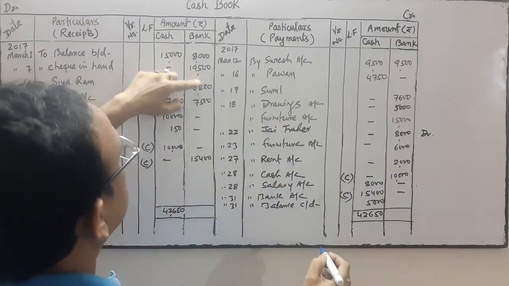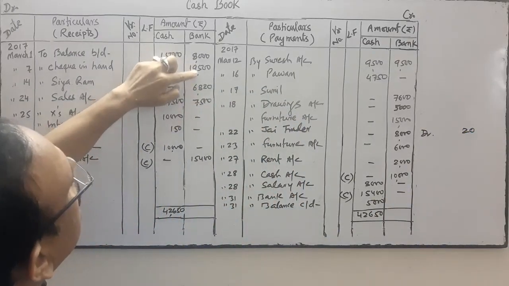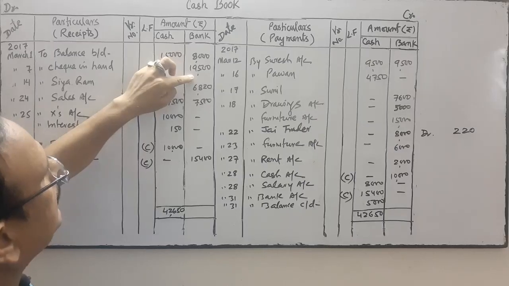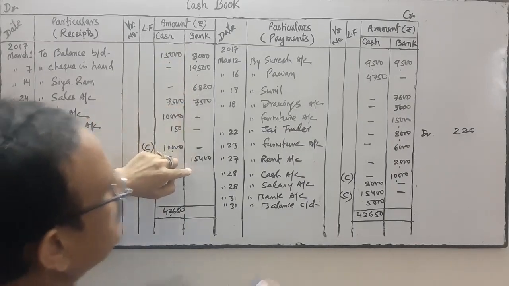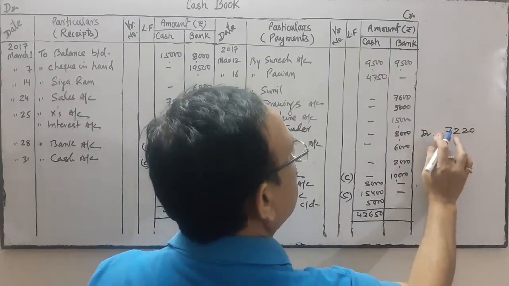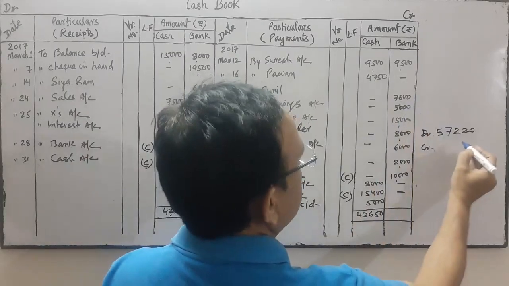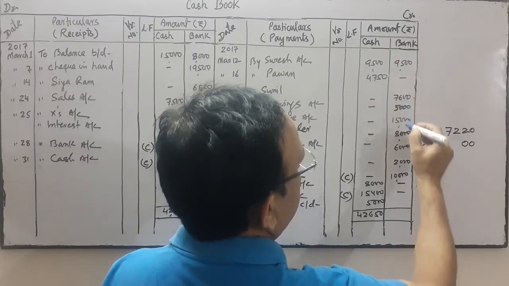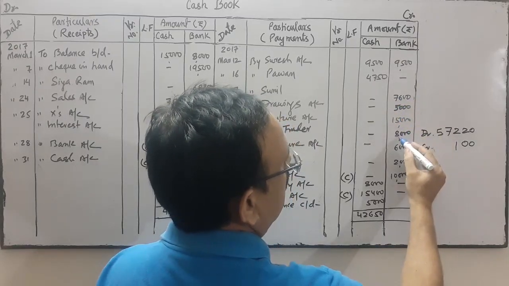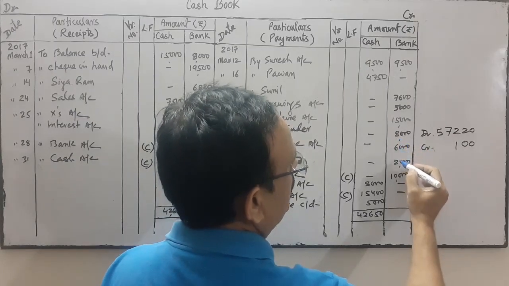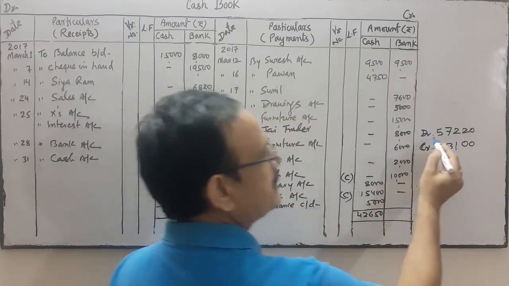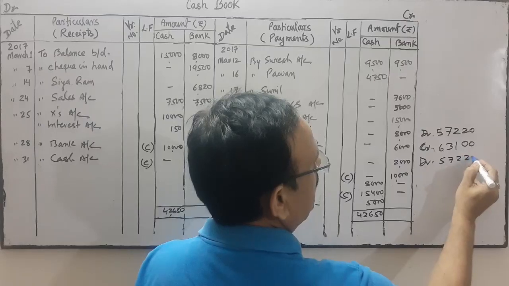The debit side total is 57,220. And the credit side total is 63,100. The credit side is more and the debit side is less.